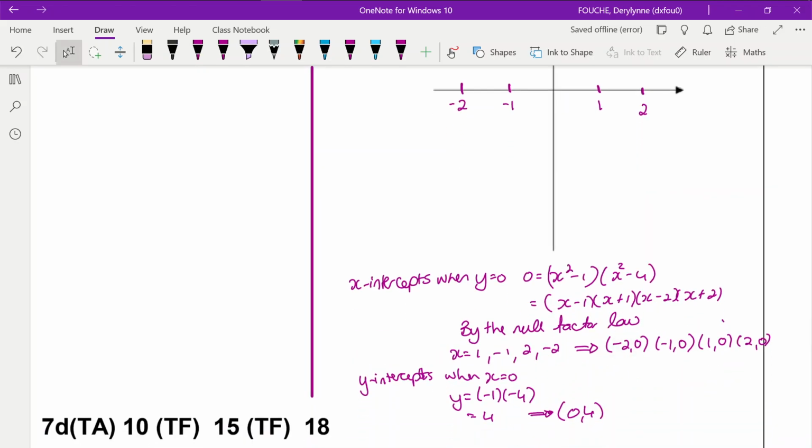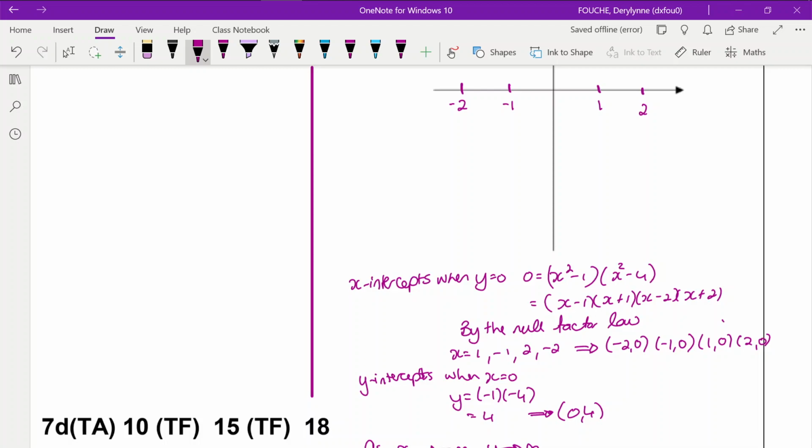I still don't really know what this thing looks like, but if I have a look as x tends towards negative infinity, if I put a really big negative number in here and I square it, I get a big positive number. A big number minus 1 is going to make no difference, it's still positive, and a big positive number minus 4 will also still be positive, and a positive times a positive is positive, so y also tends to positive infinity.